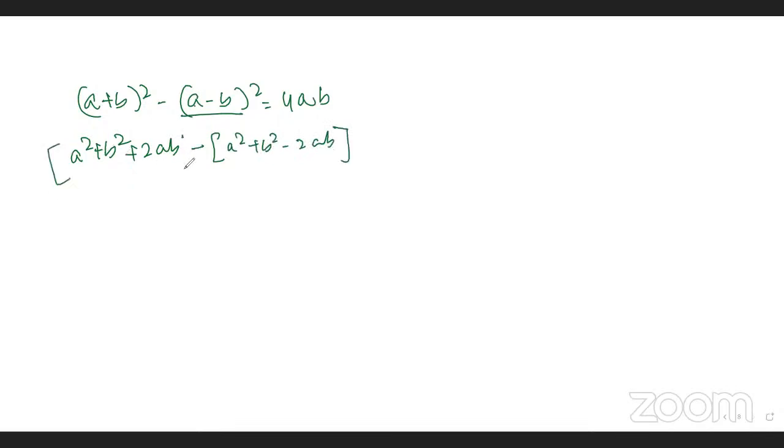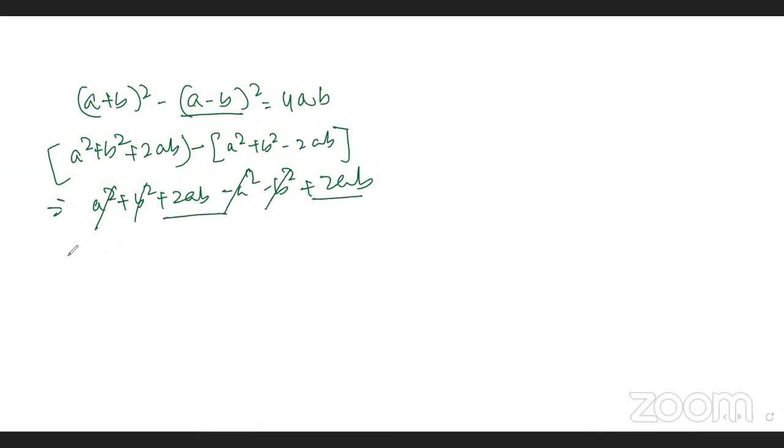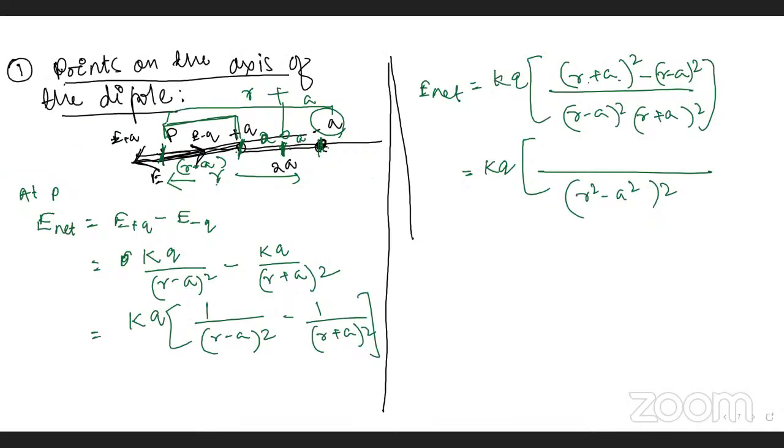If we simplify further, A square and B square cancel, and it's 4AB. This is the proof now. These are the things you know from class 8 and 9.